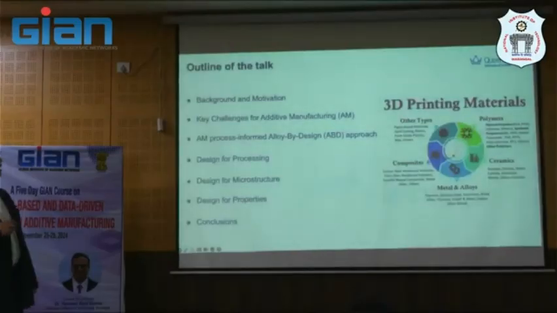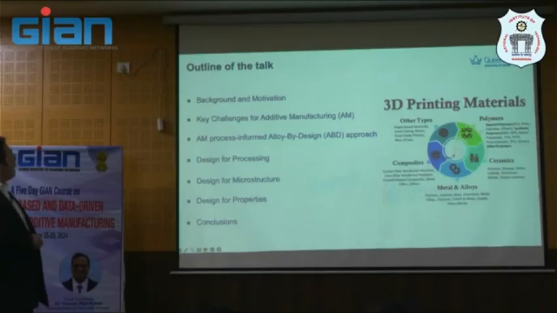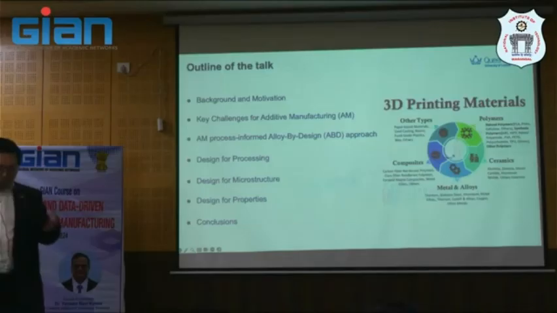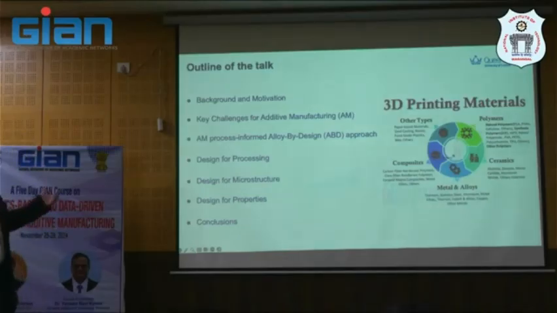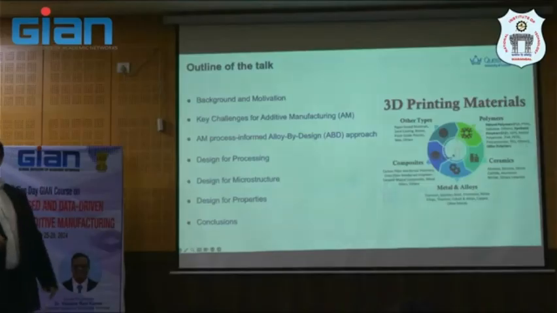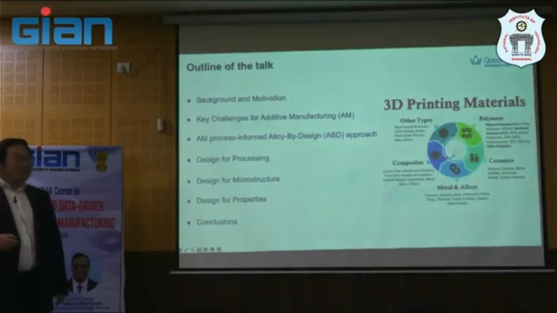This is a kind of outline of the work that we do. For example, we call it material discovery or material informatics, whatever people call it now, but 10 years ago there was no such buzzword.